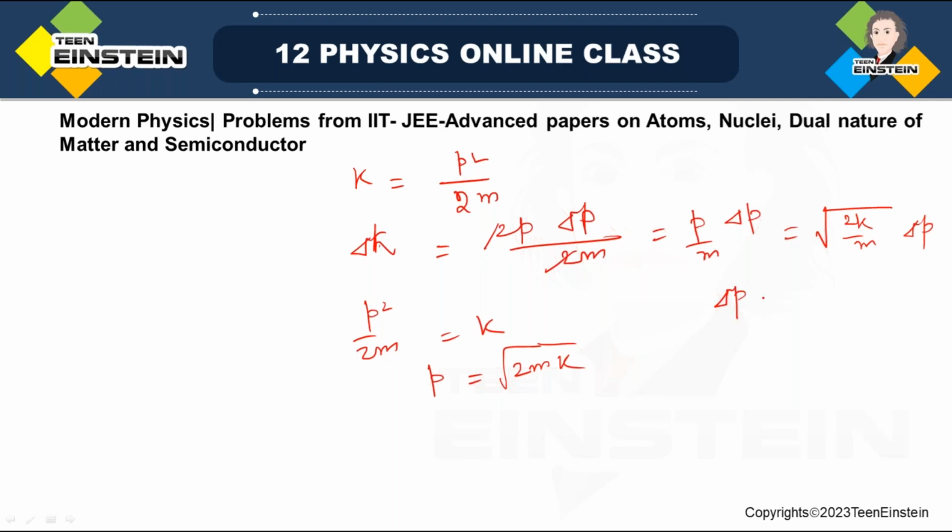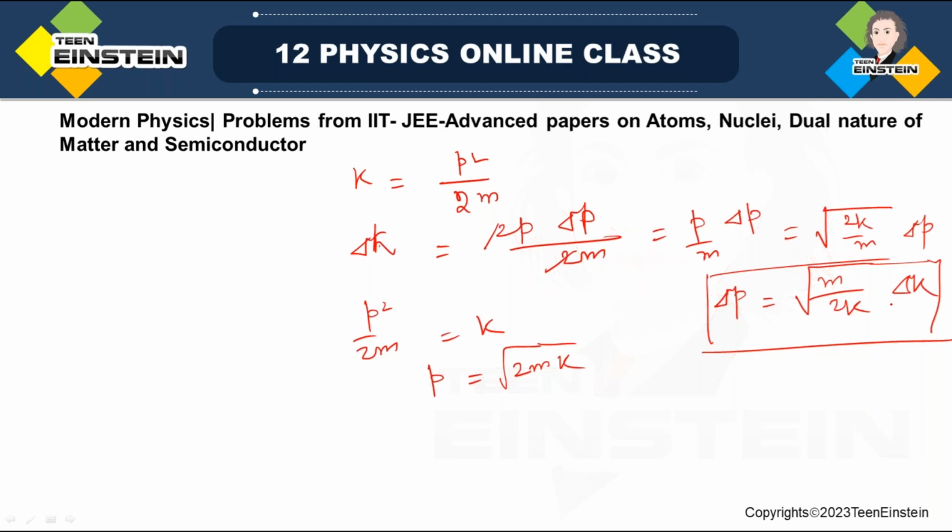So delta p will be root over m by 2K into delta K. This is the change in the linear momentum.